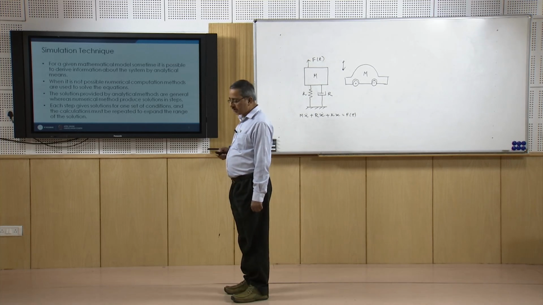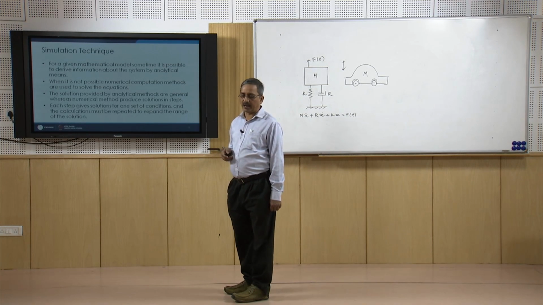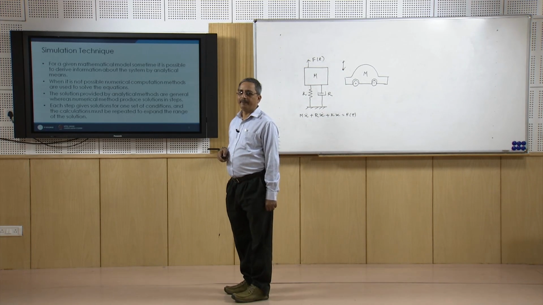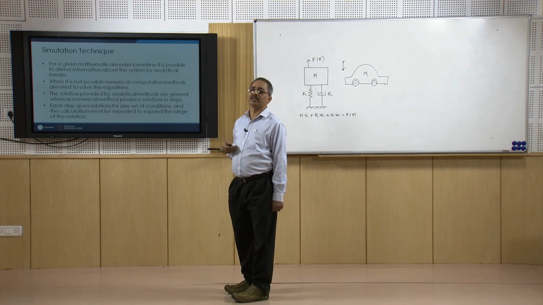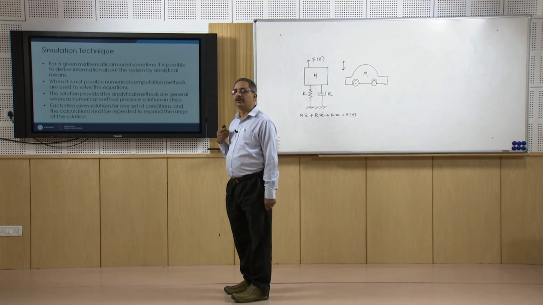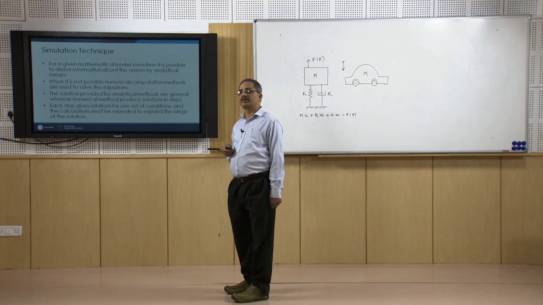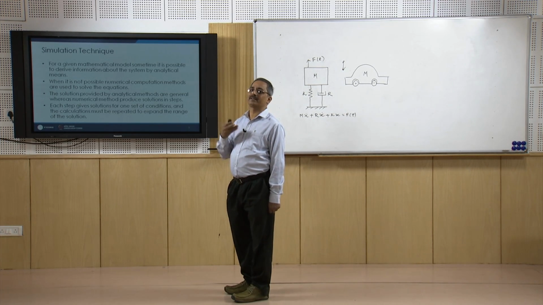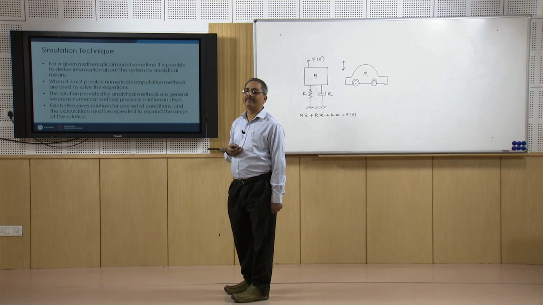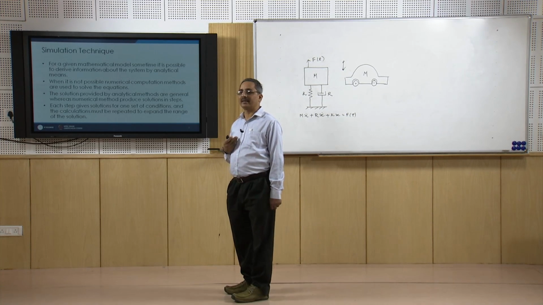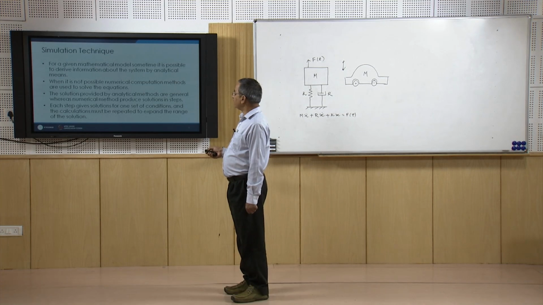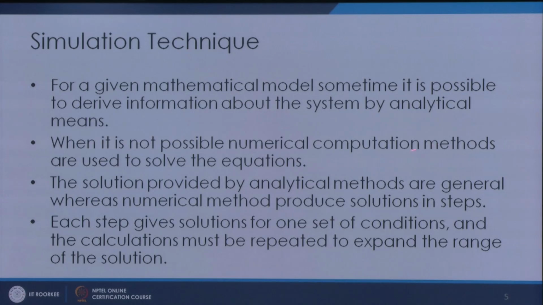Whenever it is possible, of course, we try to go for the analytical method because it gives us the general solution, whereas the numerical methods give us the solution for the specific case, that is for the specific set of values, and that too for the specific set of initial conditions. So, when it is not possible, numerical computation methods are used to solve the equation.